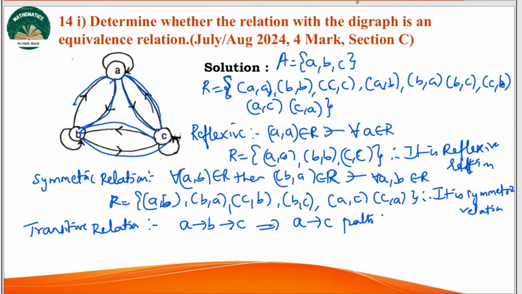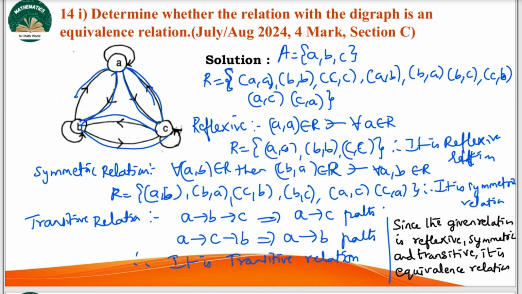Similarly, you take the other one, A to C and then C to B. You can write that A to B, we also have a path. Therefore, it is a transitive relation. Since the given relation is reflexive, symmetric and transitive, it is an equivalence relation.